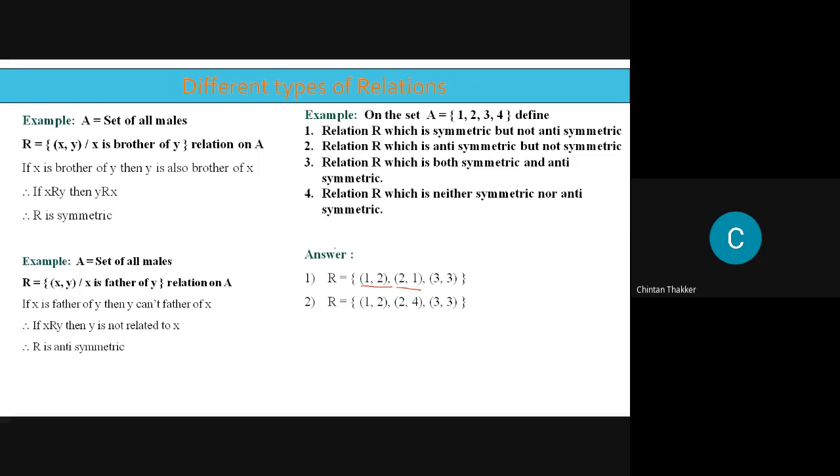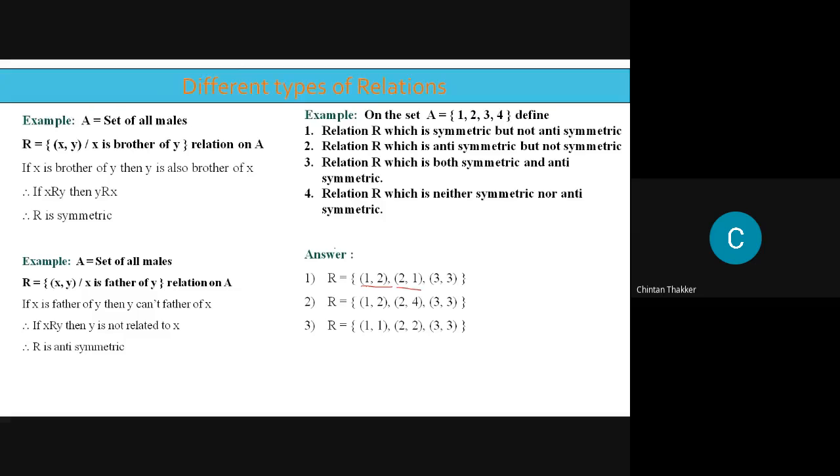Now third, we need both symmetric and anti-symmetric. In anti-symmetric we check only those ordered pairs in which the two elements are different. So when we require both symmetric and anti-symmetric, we take ordered pairs in which both elements are same. So here I am taking 1, 1, 2, 2, and 3, 3. This relation is both symmetric and anti-symmetric.